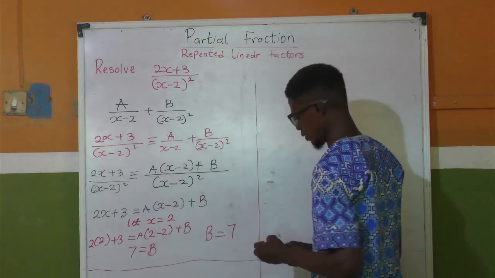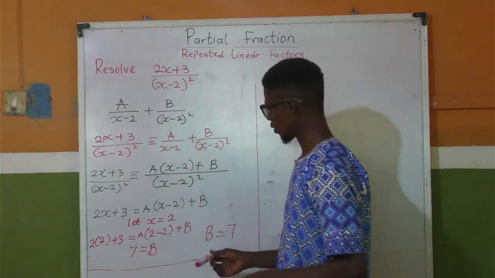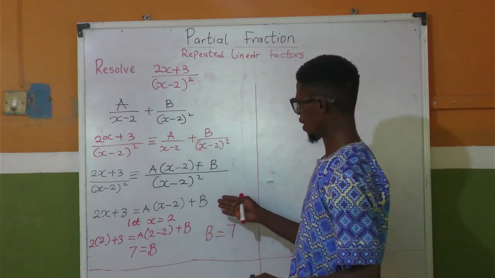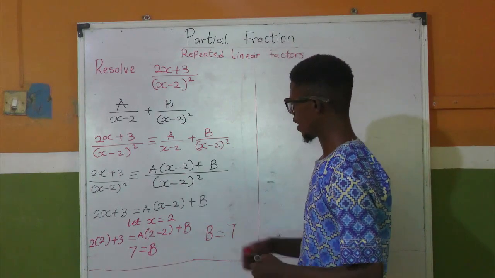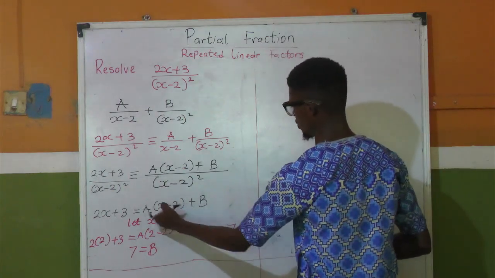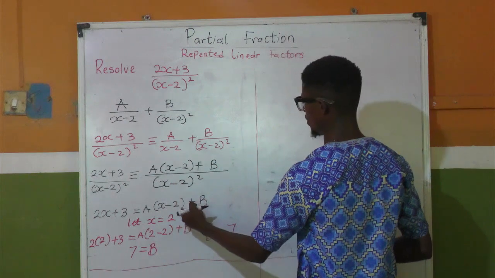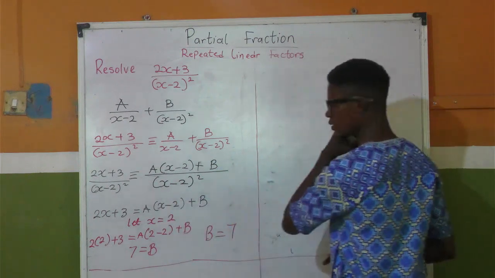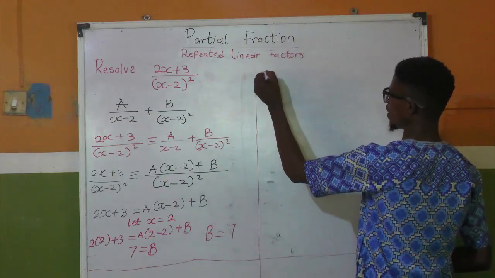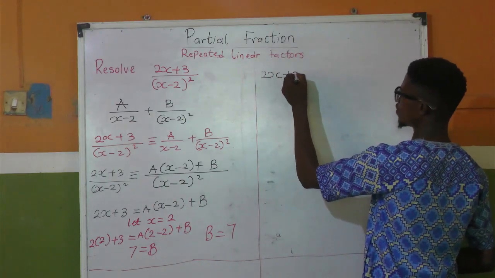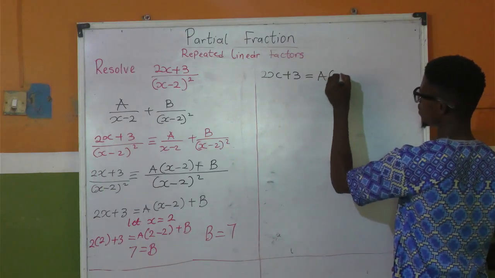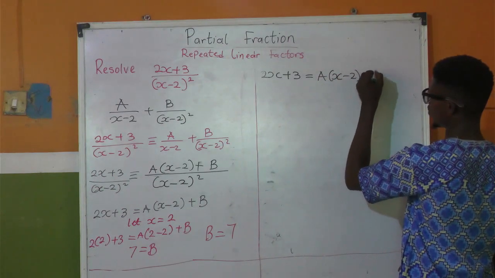Now, to get a, since we have a value for b, we are going to be comparing. Let's expand this particular expression. Let me write it out again: 2x plus 3 equals a into x minus 2 plus b.